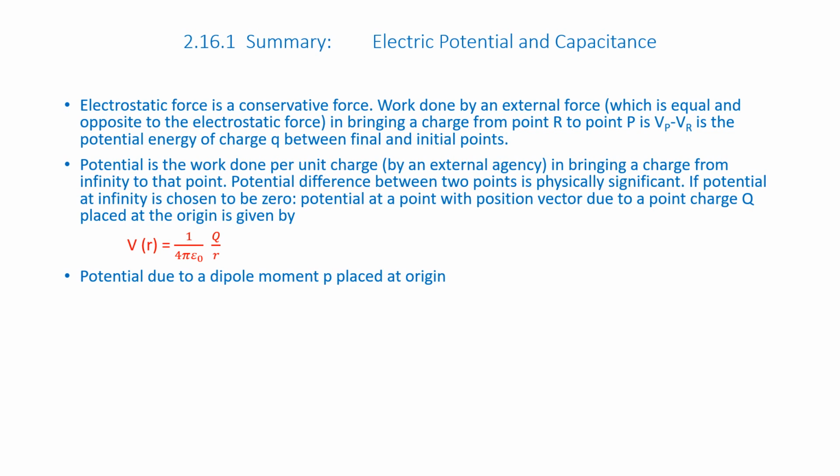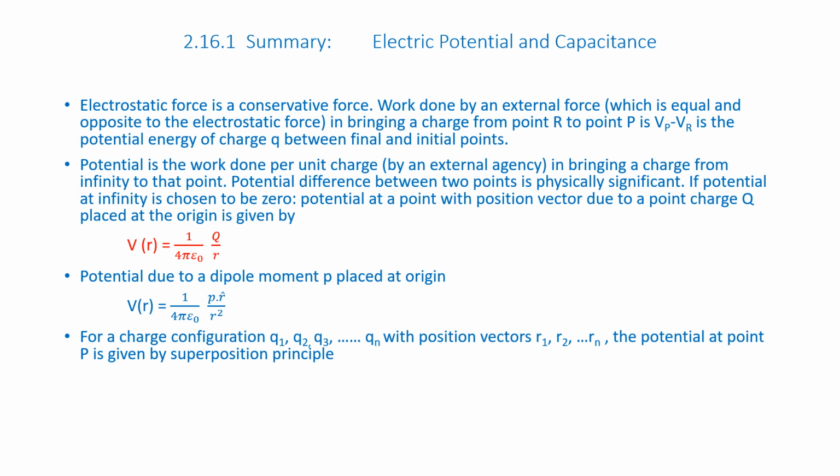Potential due to a dipole moment at P placed at origin is given by V equals 1 over 4 pi epsilon naught P into R divided by R square. Here P is the dipole moment, R is a unit vector in the direction from that point to the origin, and R square is the distance of the dipole moment.